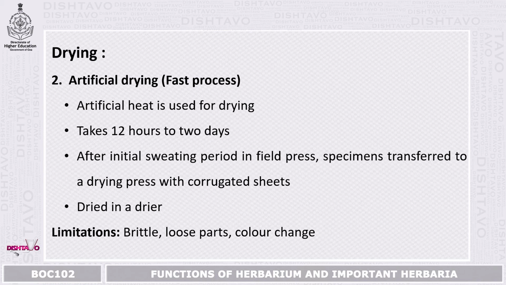There are certain limitations to the artificial drying method because it makes the specimens brittle. Parts of the plant are lost during the process of drying and the color of the plant also changes.